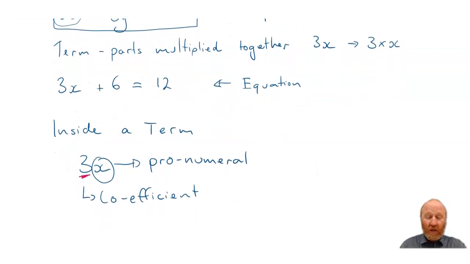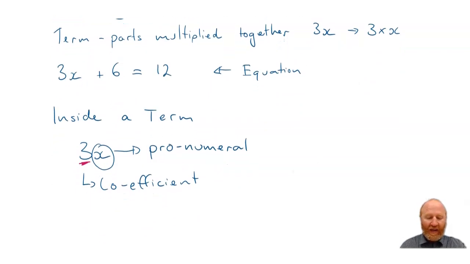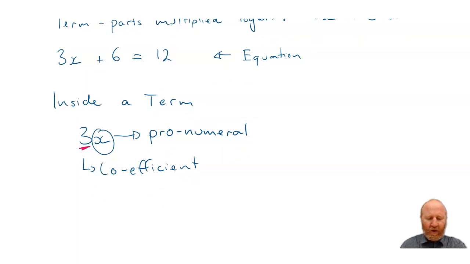An equation has an equal sign in it somewhere as part of the statement. And inside the term we have coefficients, the numbers out the front, and pronumerals. Not letters, pronumerals. We use the letters to represent them, but they're there for a number. So they're a pronumeral.